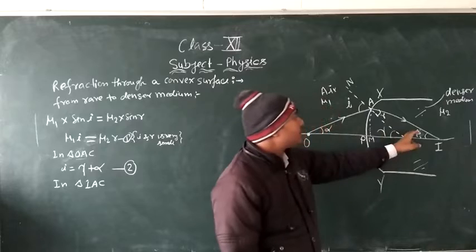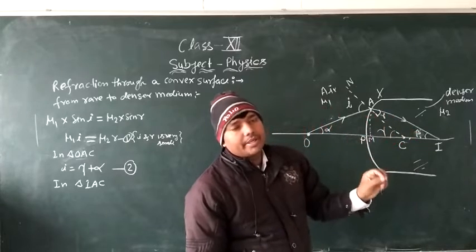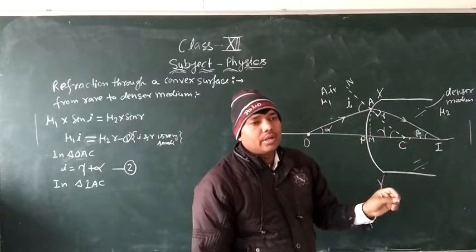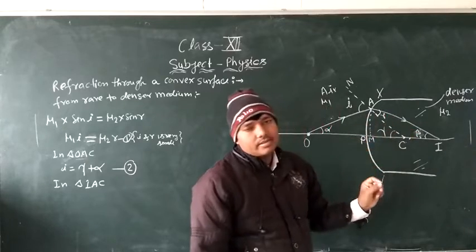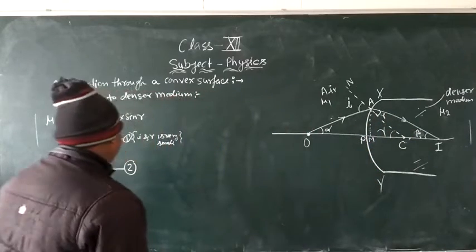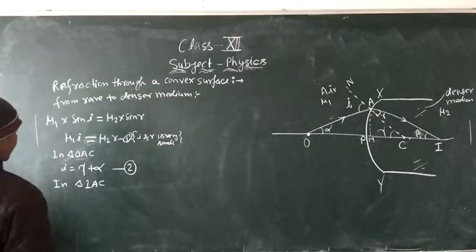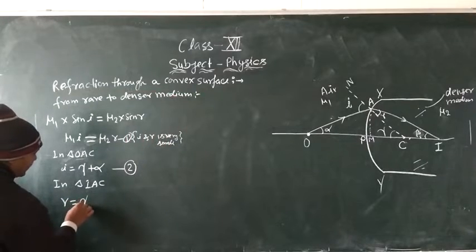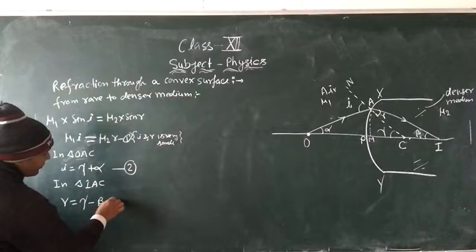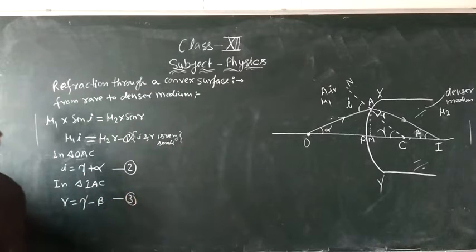Therefore gamma is equal to beta plus R. But we want to know R, therefore R is equal to gamma minus beta. This is the third equation.